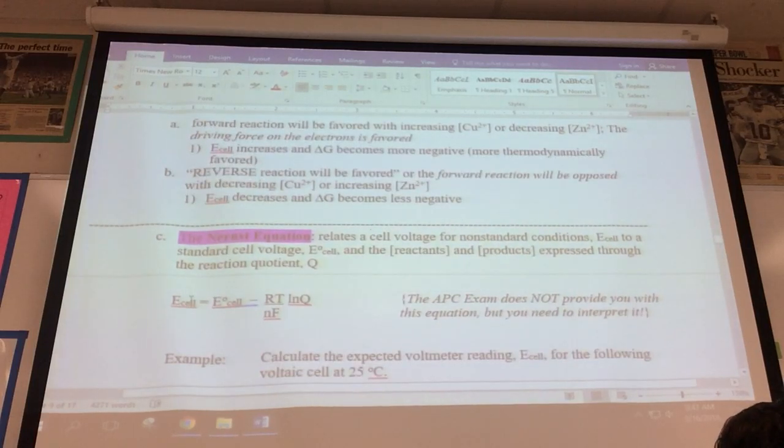What the Nernst equation does, and that Nernst equation is right here, is it relates cell voltage for non-standard conditions. So when you have non-standard conditions, you have Q. And it relates Ecell under non-standard conditions to Ecell under standard conditions, as well as concentration of reactants and products expressed through Q. And they don't give you this.